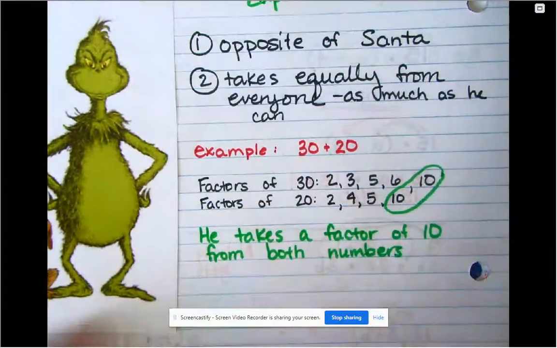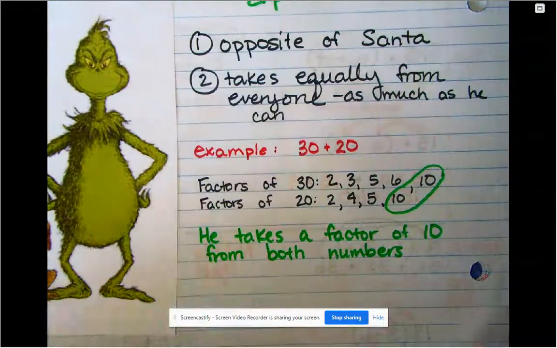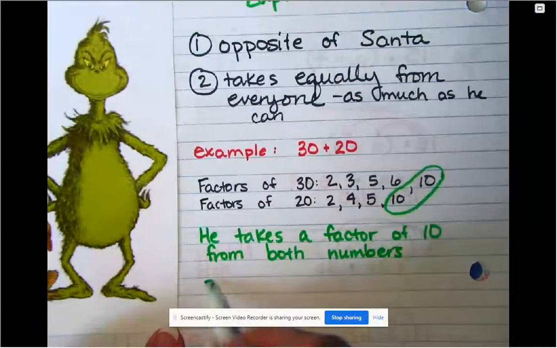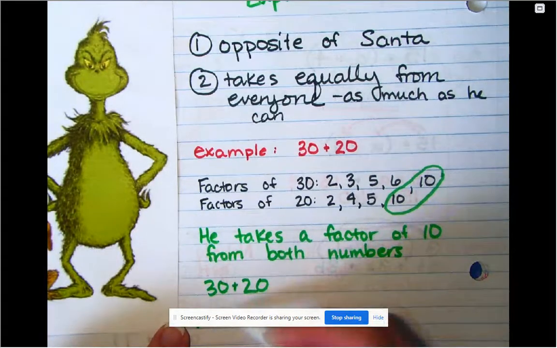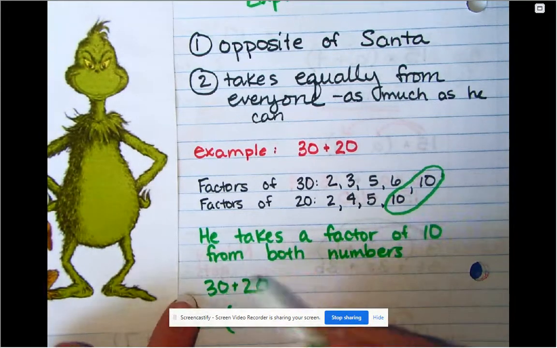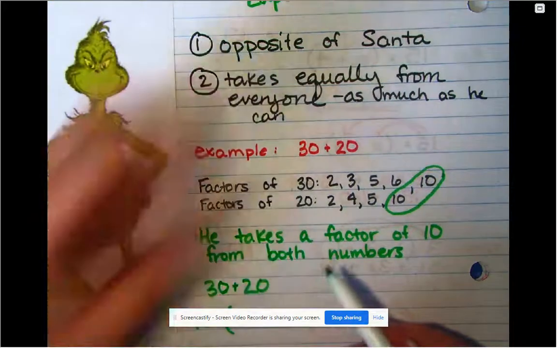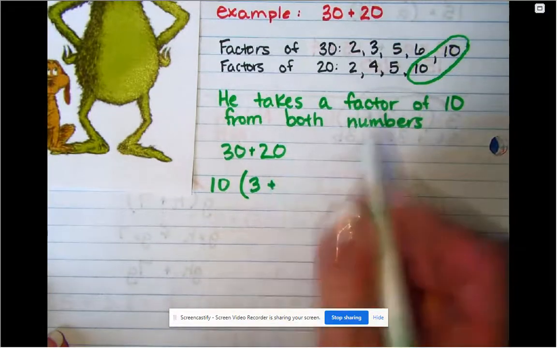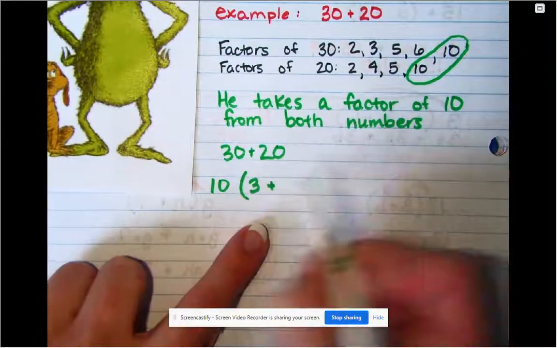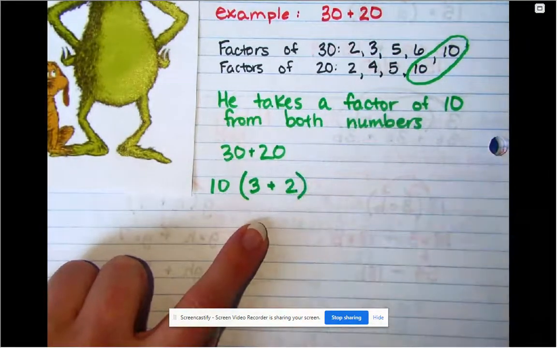And he pulls it out front. So from 30 plus 20, we just said he could take a 10. Now when we take 30 and we pull out the factor of 10, 30 divided by 10 is 3. 20 divided by 10 is 2.